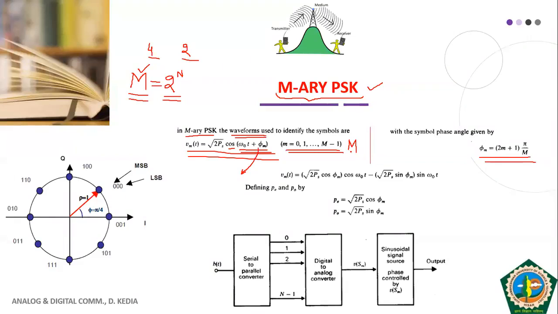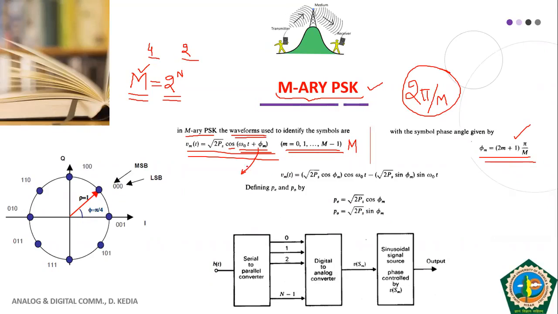With this, the phase range of 2 pi is divided among the M symbols, and each individual symbol will have a phase phi m equal to (2m plus 1) multiplied by pi by M. Okay, so this is how we represent our M-ary PSK waveform.